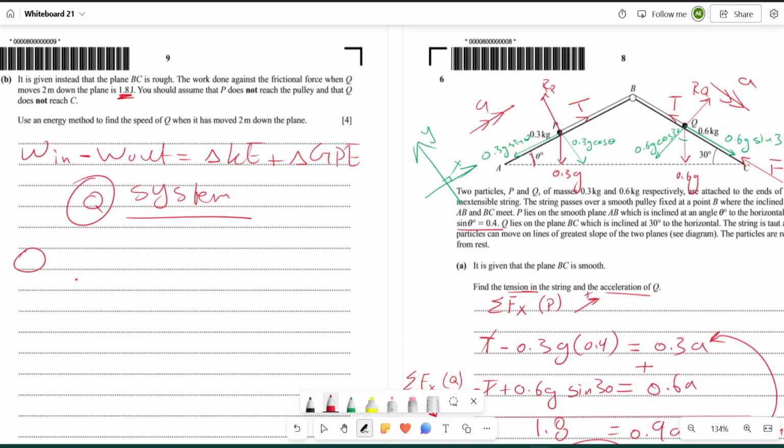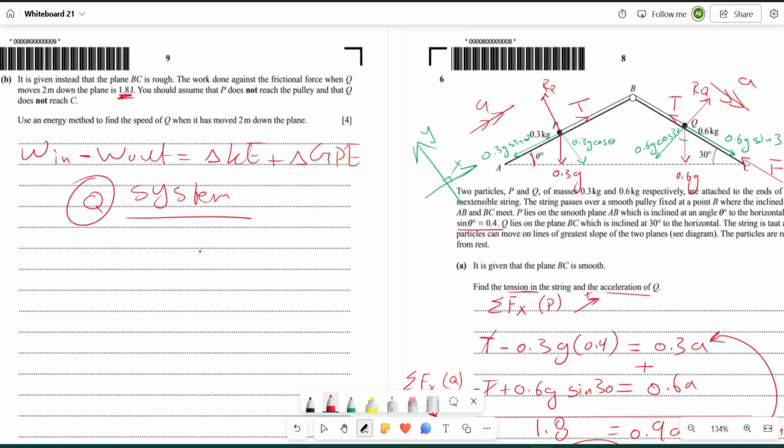So work in for Q is going to be 0, minus work out for Q, which is going to be the work done due to friction, 1.8 joules given from the question, plus the work done due to this tension force, because this tension force is now a resistive force. It's resisting my motion. Q is trying to move down, and tension is trying to pull it. So it's going to be tension multiplied by 2. Right? So now you did the same for Q. You're going to solve, eliminate tensions, and get the speed.